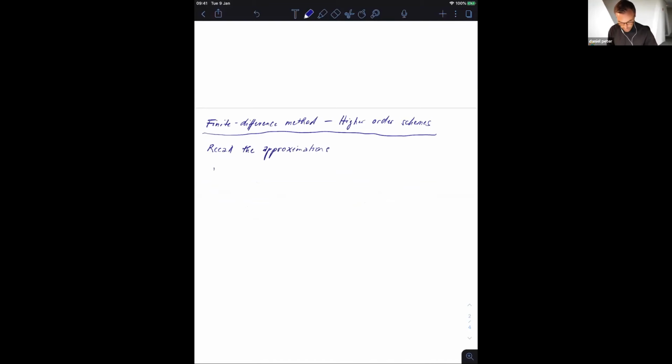So we had, for example, the derivative of function f of x, which you can write as the limit when a small increment h goes to 0 of f(x+h) minus f(x) divided by h, which we can approximate now, for example, by f(x+h) minus f(x) divided by h plus the truncation error, which is O(h) when we use a forward difference scheme.